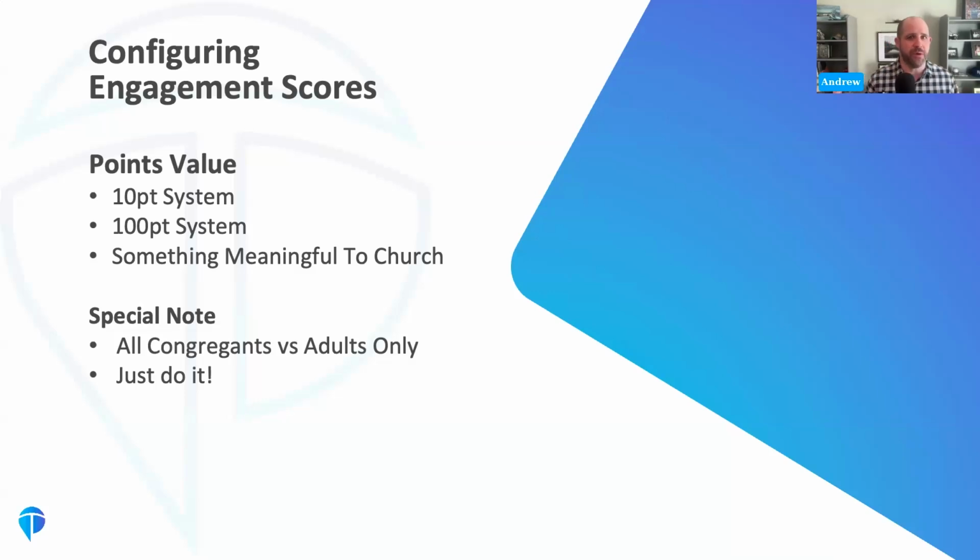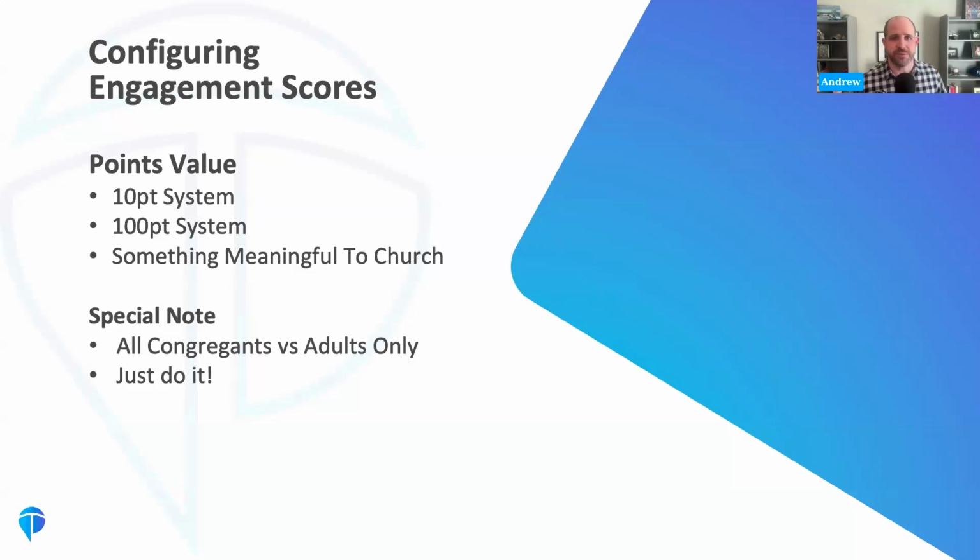So making sure that you're weighting those properly, and then finding a maximum, finding kind of a top amount that is easy for the rest of your staff to remember, to sort of latch onto. Typically, I see a lot of churches try to do a 100-point type scale, or again, between like 50 and 100, something like that, just so it's easy to remember.